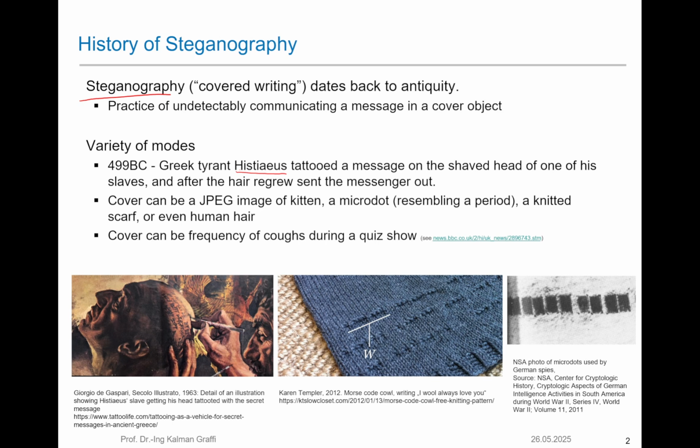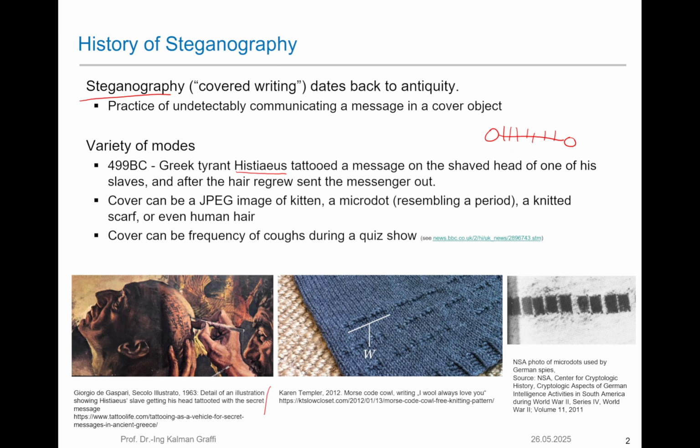He wanted to pass that message to the other city, but he knew that on the way there are various checkpoints controlled by the enemy, and they will check the slave for any kind of messages that he's carrying. So what did he do? He shaved the head of his slave and tattooed a message on his head.